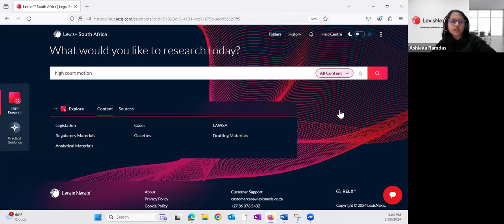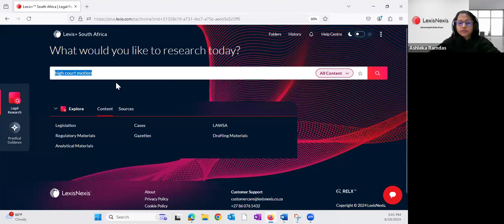You have seen me showcasing navigation on the system. But if you had to use the system for research and to pinpoint the specific rules and questions or guidance that Advocate Haupt and Fourie have been talking about, I'm going to use some of those catchwords in these searches here to show you the power and strength of Lexis Plus in guiding you to that information on the platform.